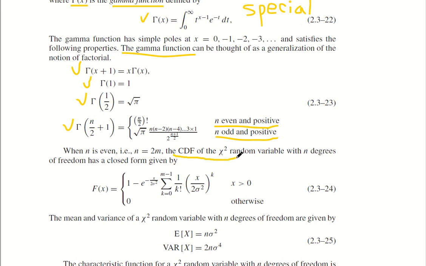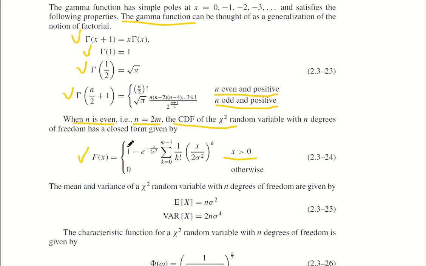Then the CDF, when n is even, in other words, n is equal to 2m with m being an integer, has a closed form given by 1 minus this, of course for x larger than 0, as before. 1 minus exponent minus x divided by 2 sigma squared, summation of 1 over k factorial, parenthesis x over 2 sigma squared to the k, k from 0 to m minus 1.